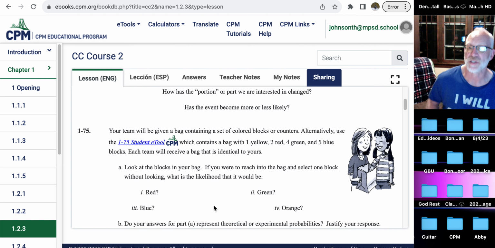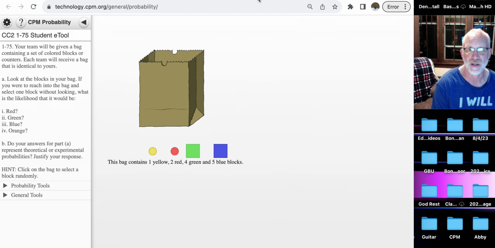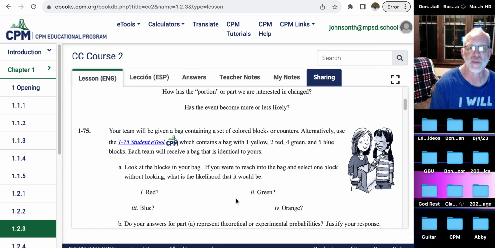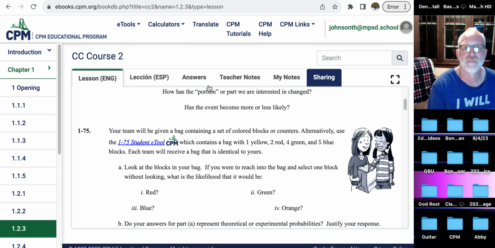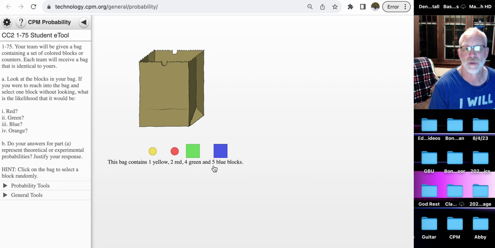If you were to reach into the bag and select one block without looking, what is the likelihood that it would be red? So there's 2 red out of how many total? What is the probability that it will be green? 4 green out of how many? What is the probability it will be blue? 5 blue out of the total.